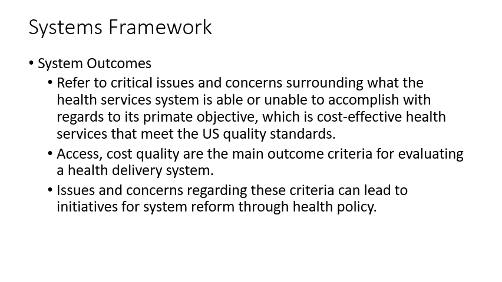So are people getting health care? And what's the cost of it? Are they overpaying too? Issues and concerns regarding these criteria can lead to initiatives for system reform through health policies. And a lot of times, health policy is done through government. How are they going to change it for the future?